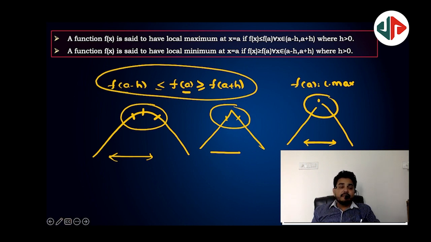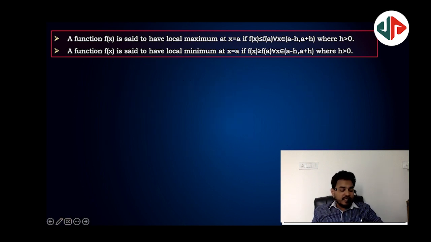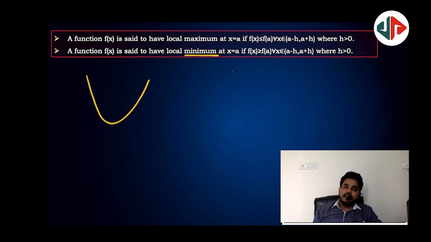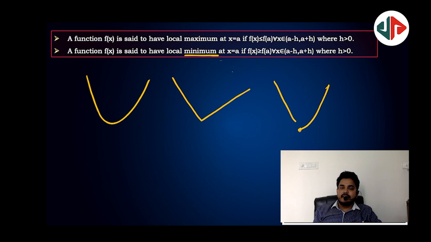Next one is vice versa of this. What is that? Sorry, local minimum. Curve is like this. Curve is like this. Curve is like this. So this is coming here.